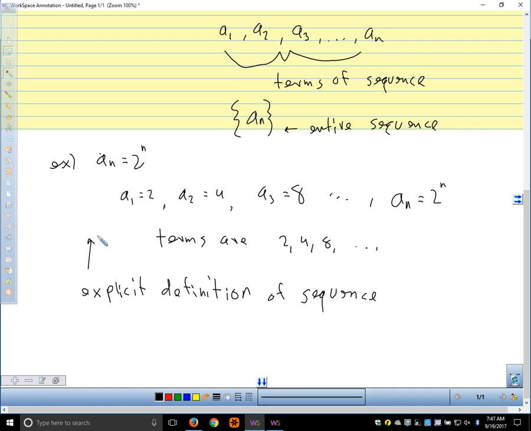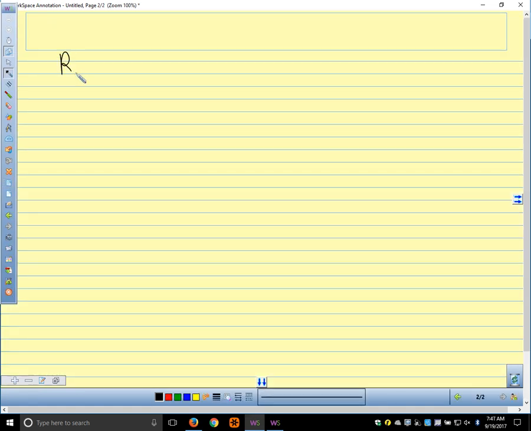We can also define sequences recursively. A recursive definition is where we define terms in terms of previous terms.